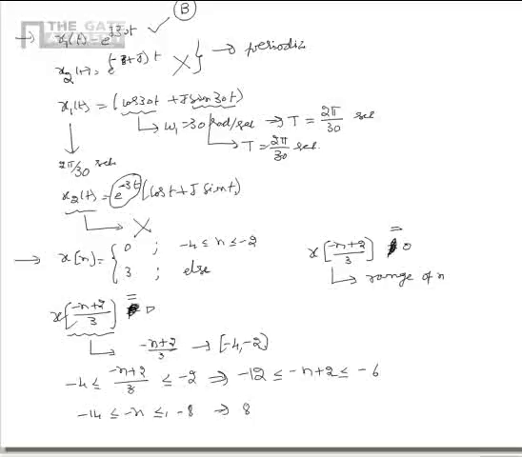So this can further be reduced as 8 less than or equal to n less than or equal to 14. So for the time indices 8 less than or equal to n less than or equal to 14, the given signal x of (minus n plus 2) by 3 is 0. From this we see that 8 less than or equal to n less than or equal to 14 is the correct answer.